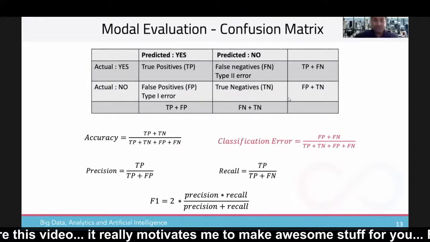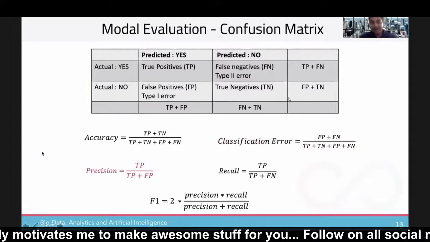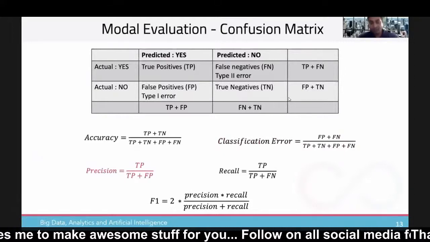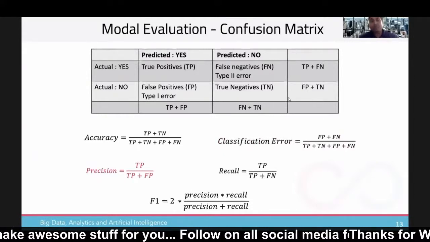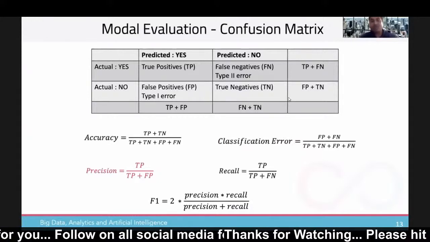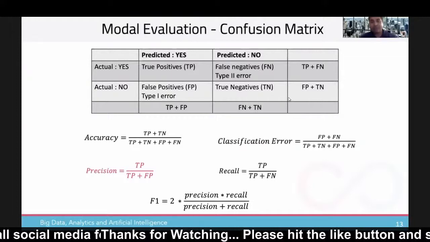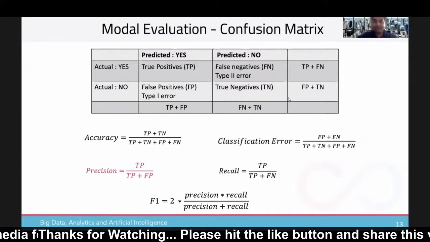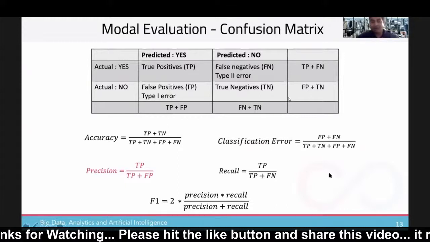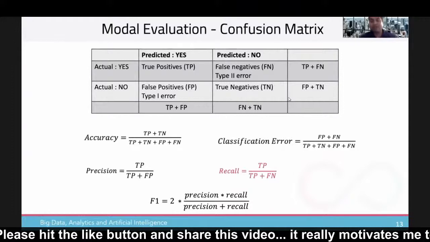Now there are two important measurements, which are precision and recall. Precision is true positive divided by true positive plus false positive. And another is recall, which is true positive divided by true positive plus false negative.